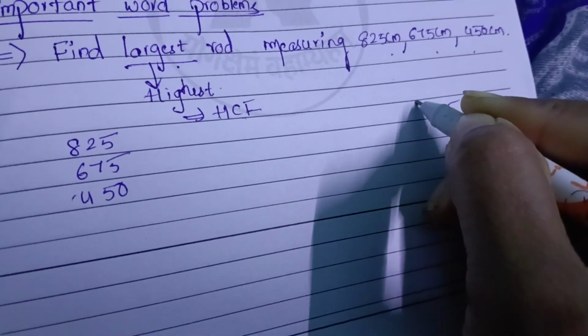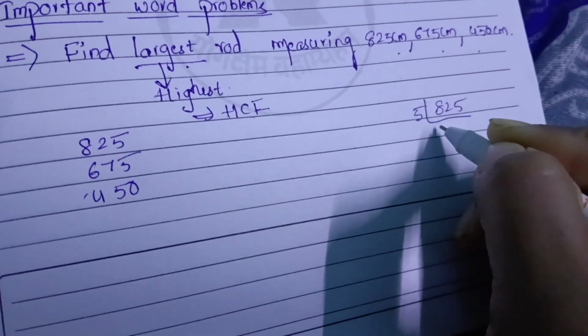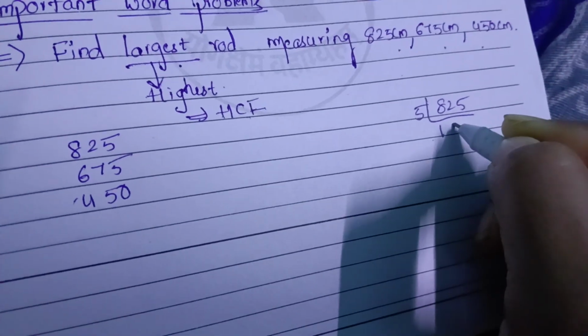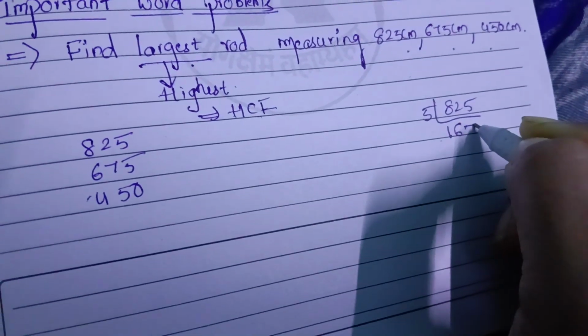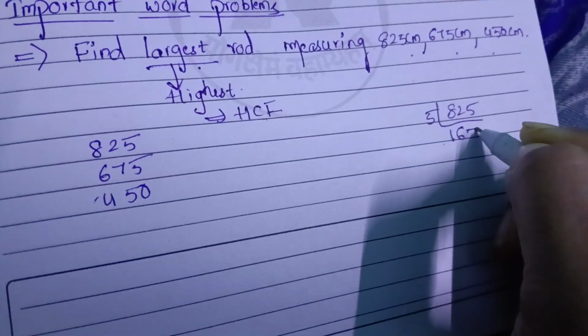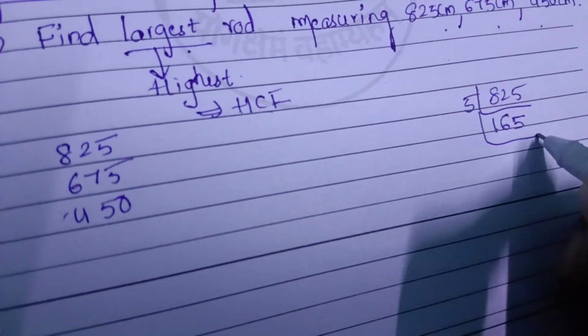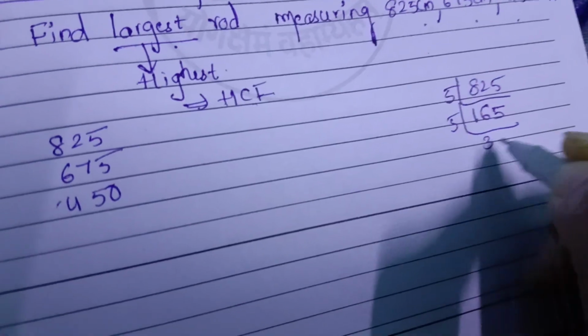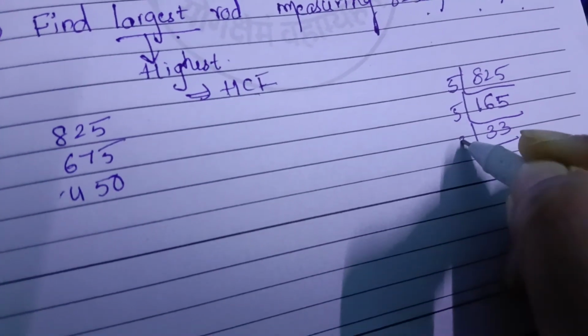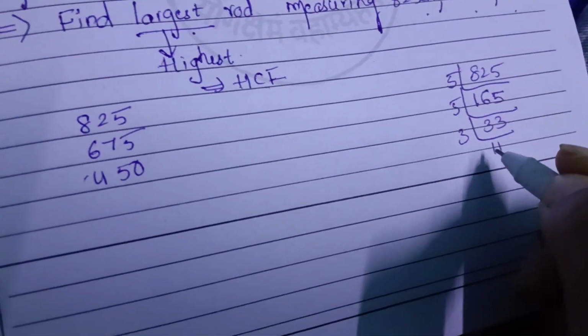Now 825: 5 times, right? 5 5s are 25, 5 3s are 15, 3 11s are 33. So it is 5 square into 3 into 11, right?